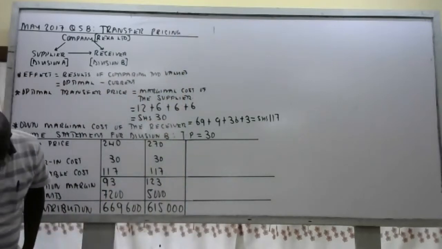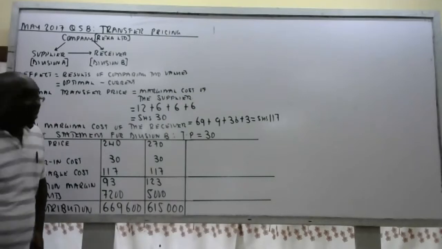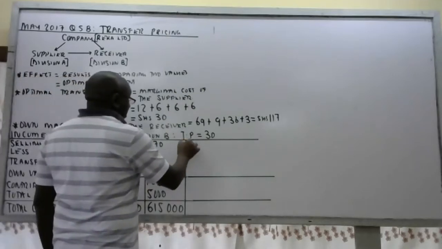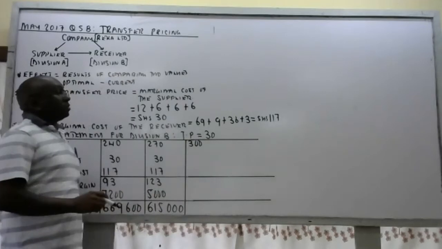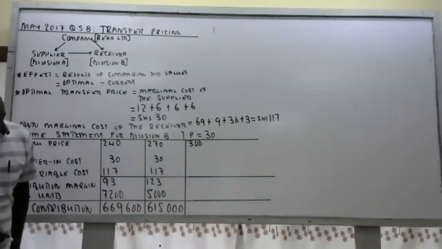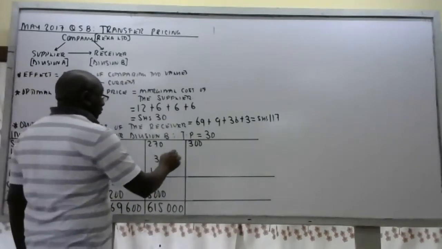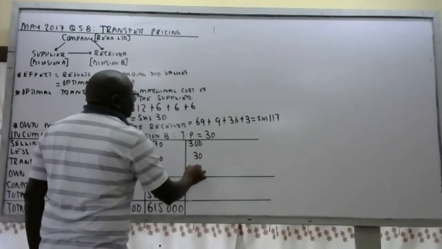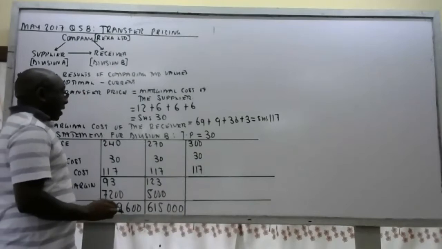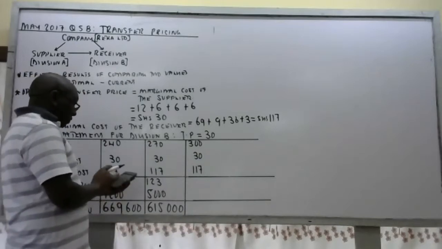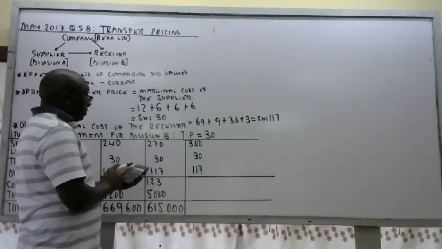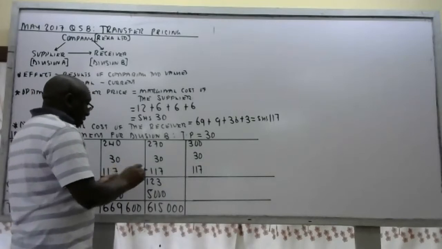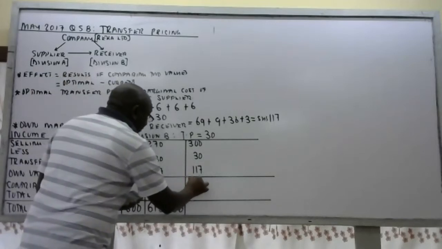You proceed to this other one of 300. The transfer is 30. This is 117. And then that will be 300 minus 30 minus 117, which is 153.